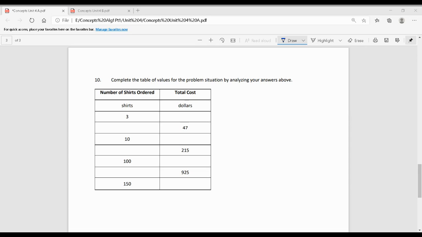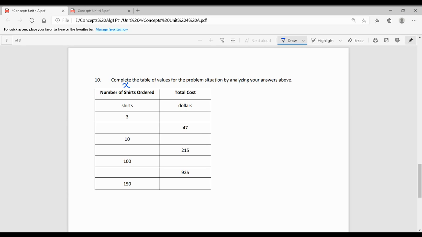This first column, what does this first column represent in terms of a variable or in terms of a graph when I get there? Very good, Jordan. You're on a roll today. This represents our X variable. Remember before I was saying variables and constants? Variables were what was changing. We had 3 shirts. Then we had 10 shirts.